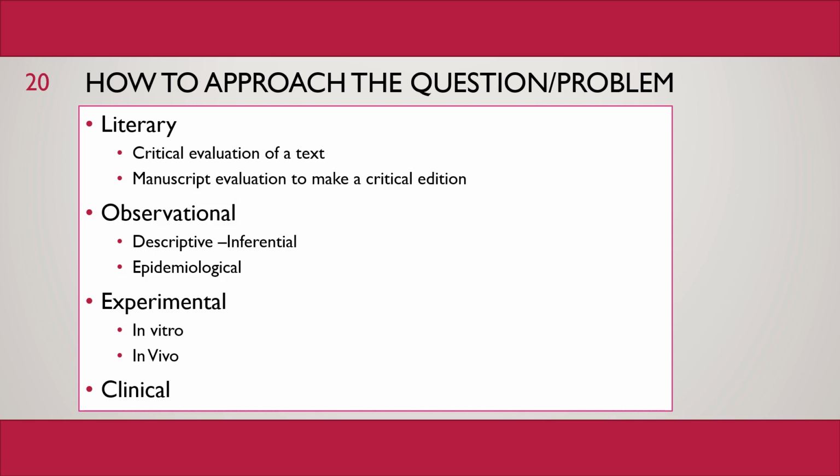Observational research has two components: descriptive, and inferential or epidemiological research. The most well-known research methods in the Western world or biomedical research are the experimental research and clinical research. For Ayurvedic students, the first two approaches, literary research and observational research, are equally important.